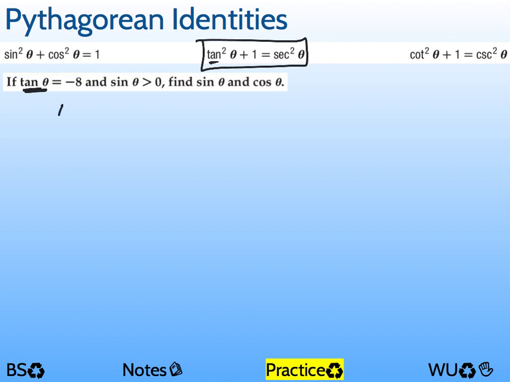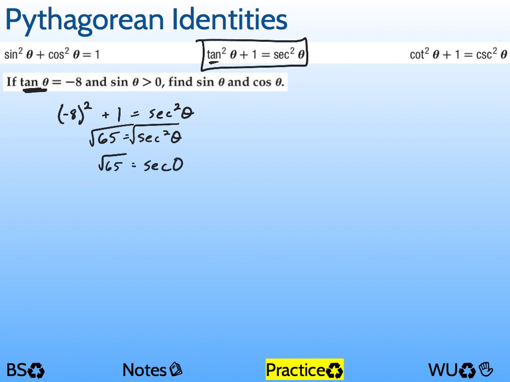Tangent is negative 8, so we have negative 8 squared plus 1 equals secant squared. Negative 8 squared is, of course, 64, plus 1 gives you that secant squared is 65, which means if you take the square root on both sides, you get radical 65 is the value of secant.